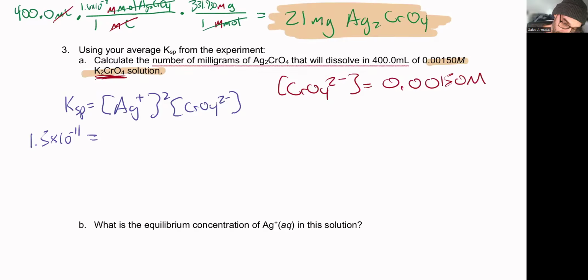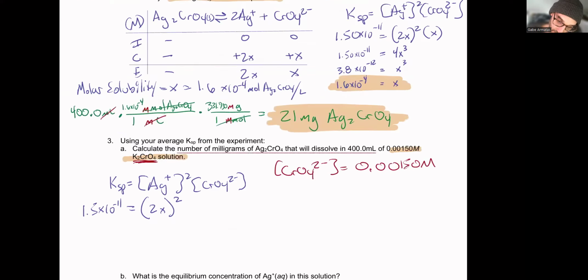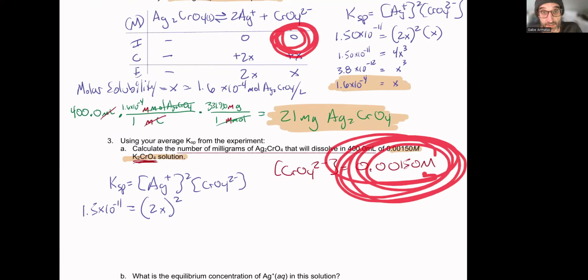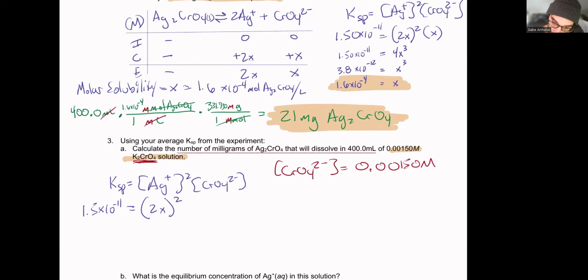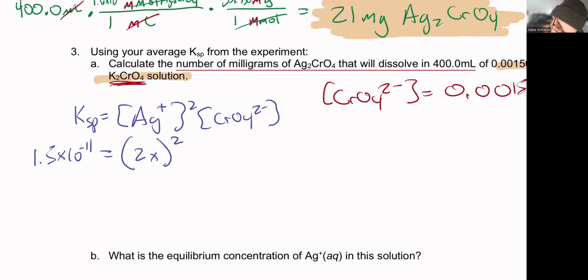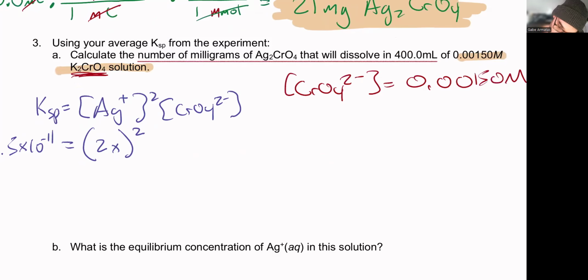I still know my silver ions should be 2x, but instead of having 0 chromate to start, I actually have this much chromate to start. That's going to dwarf, or overshadow, what x is. So instead of plugging in x for chromate, I am going to plug in the concentration we started with, 0.00150 molar.